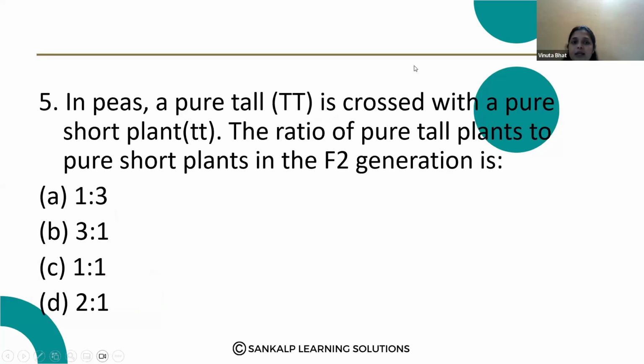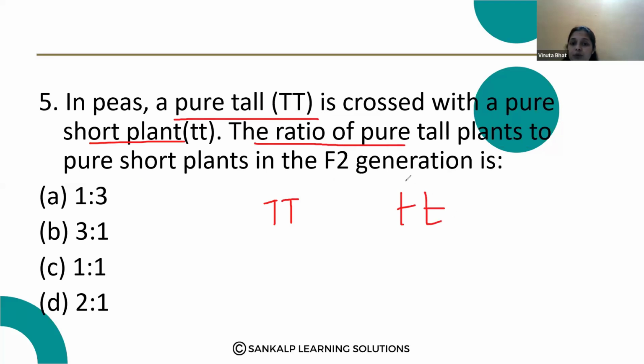Next one. In peas, a pure tall plant is crossed with a pure short plant. The ratio of the pure tall plants to the pure short plants in the F2 generation is, here pure tall plant, that is capital T, is crossed with the pure short plant, that is small t.